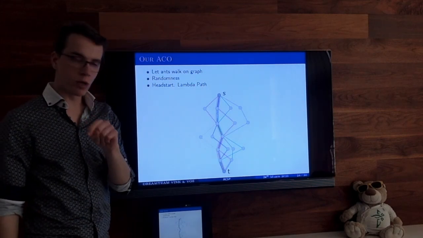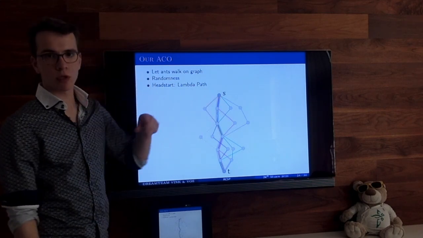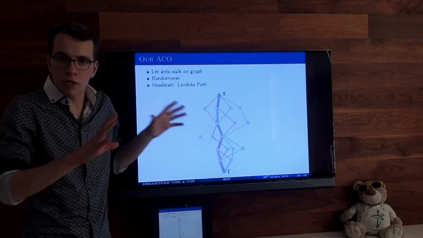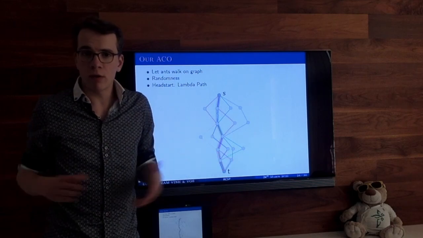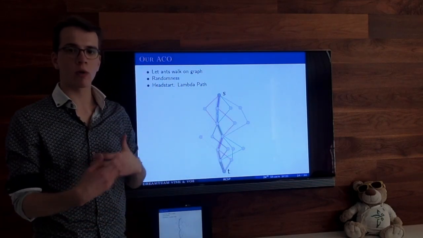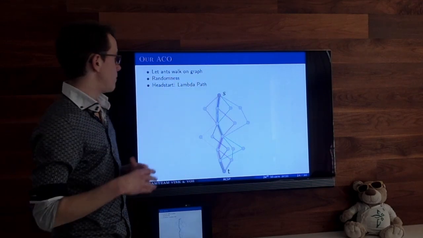What's important to know is ants follow the pheromones, but there is also some randomness involved. Because like this, ants will just coincidentally take new paths, and hopefully some ants will be very lucky and find an even better path than the ones before. Then this better path will get even more pheromones, and ants will start to choose this new, better path.